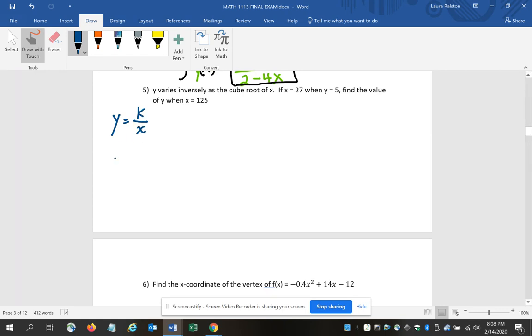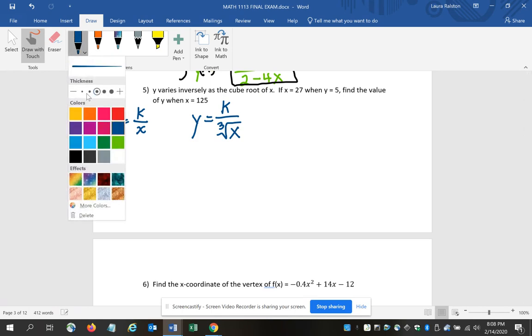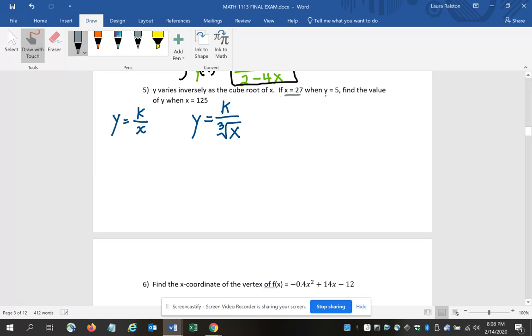Now, specifically for this problem, if we use the terminology, it says y varies inversely as the cube root of x. And the first thing that I have to do is figure out the value of k. And so it tells me x is 27 and y is 5. So if I plug that into my function, I have 5 equals k over the cube root of 27.